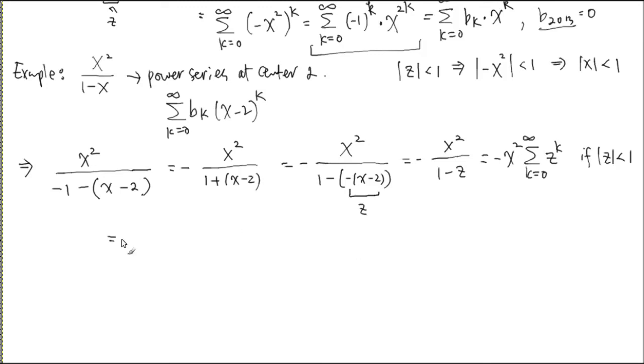So you write that down: negative x squared, and going from 0 to infinity, what is the z there? z is negative (x minus 2), right? That's our substitution for z. So I substitute negative (x minus 2) to the kth power, right? Yeah.